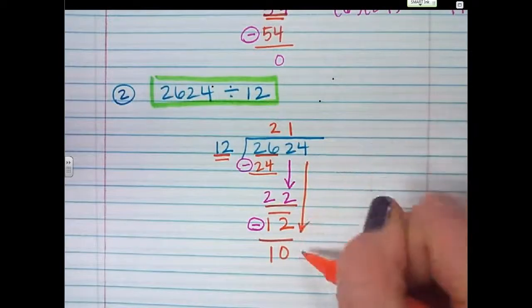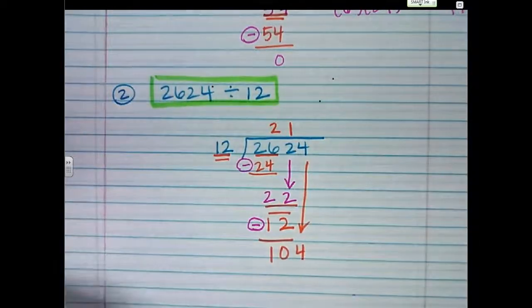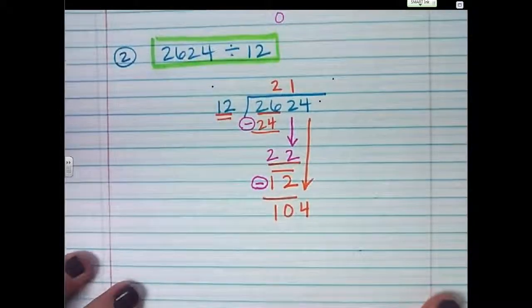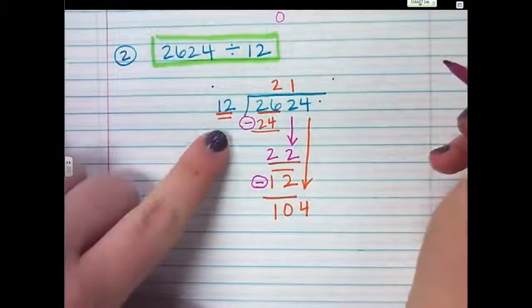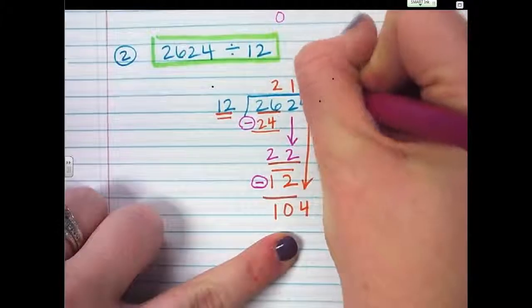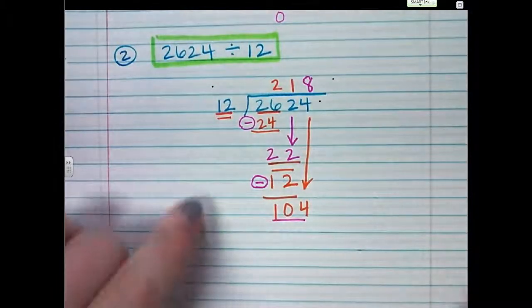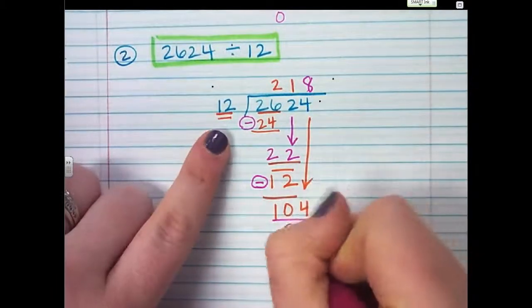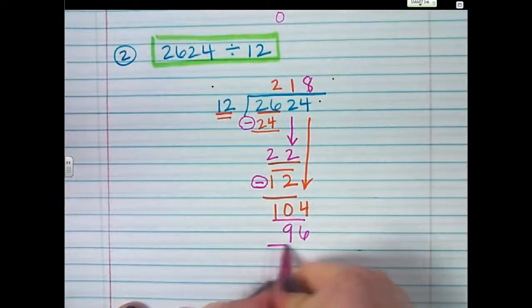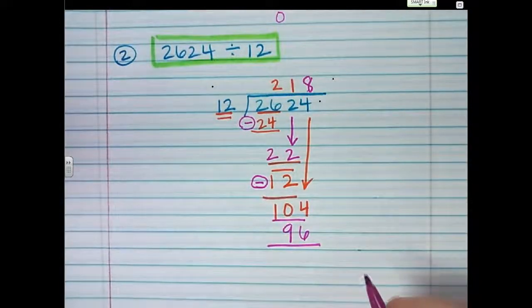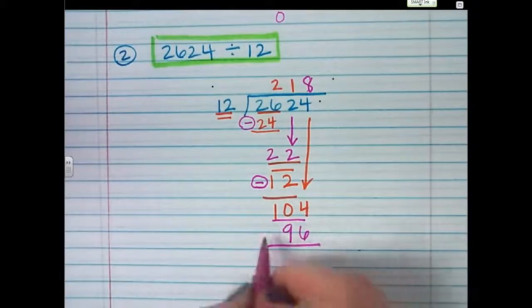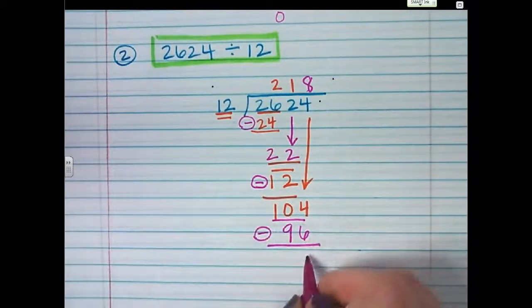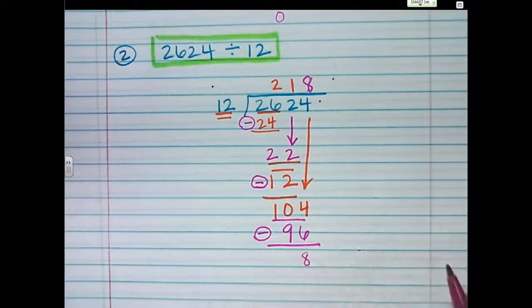Drop the 4. 12 goes into 104 8 times. And 8 times 12 is 96. So I subtract here, and what do we get?